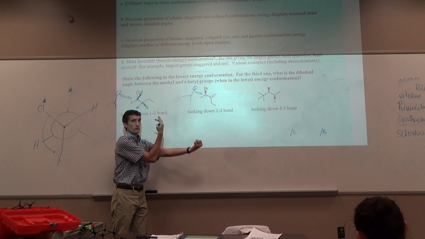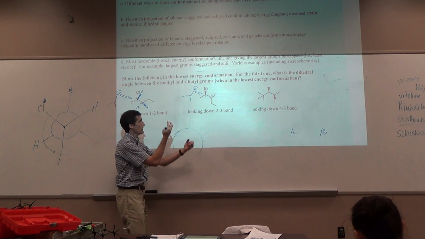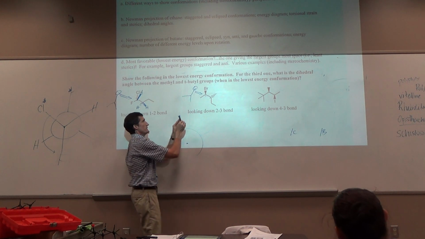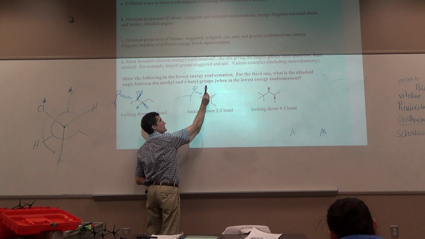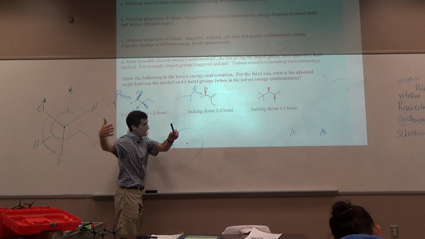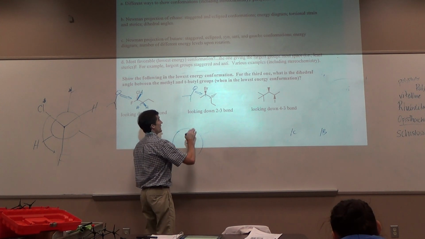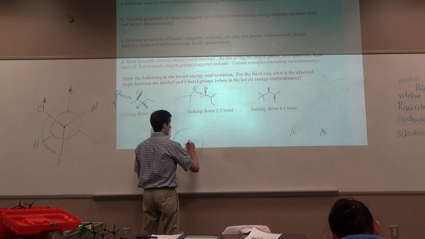What do I see on 2? That bromine's coming off the board, right? If I'm looking down, that bromine's coming off the board like that. It's to my right. It's also sort of going up.